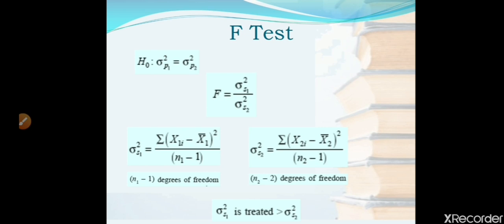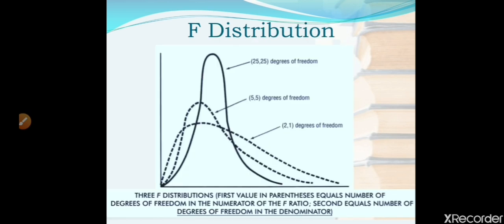It means the numerator is always the greater variance. So tables for the F distribution have been prepared for different values of F at different levels of significance.